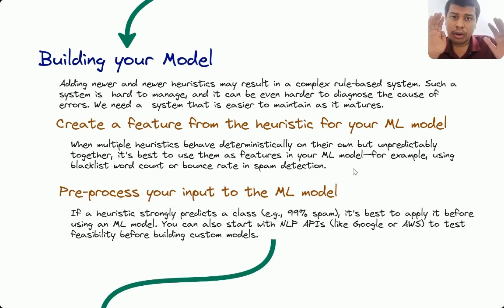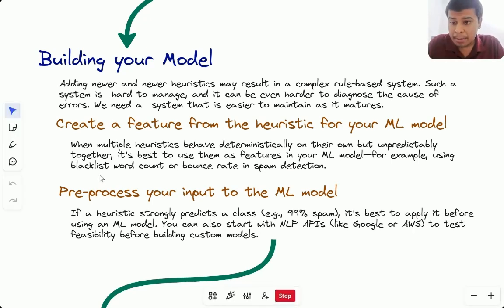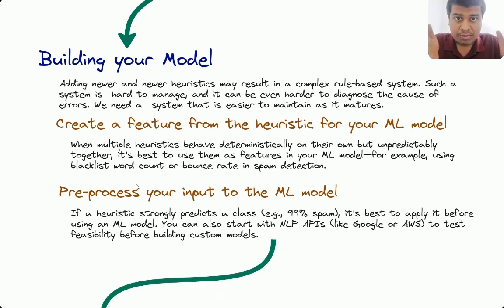The input for the logistic regression could be a blacklist word count in the particular email. That could be directly your heuristic based feature, which is input to the ML model.